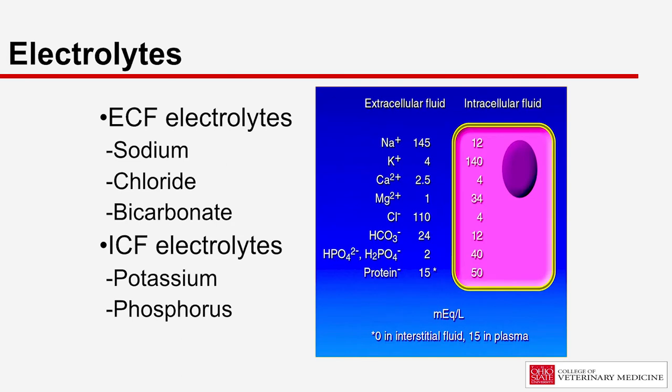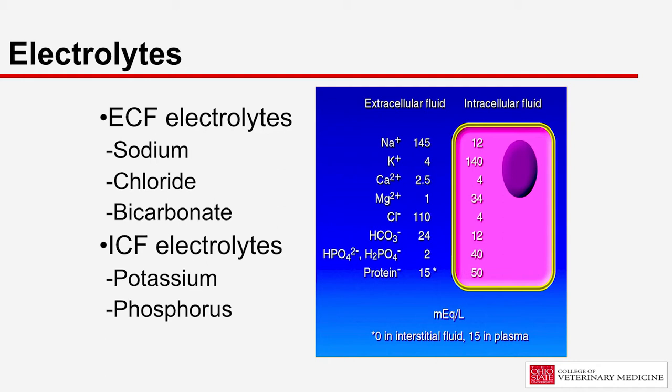Before we start talking about the individual electrolytes, I want to show you this picture, which is a summary of the various electrolytes and their concentration in extracellular fluid and intracellular fluid. So when you draw a blood sample and send it to the lab, you are basically sampling extracellular fluid.